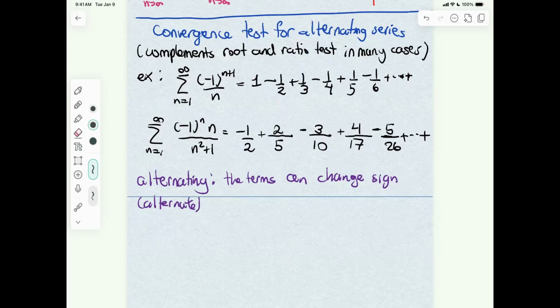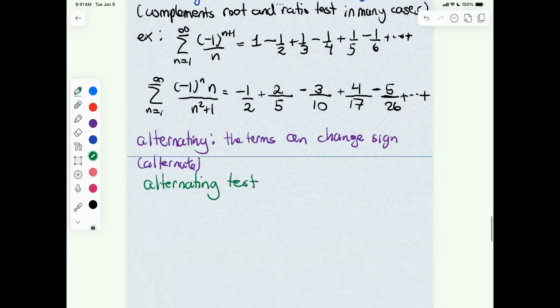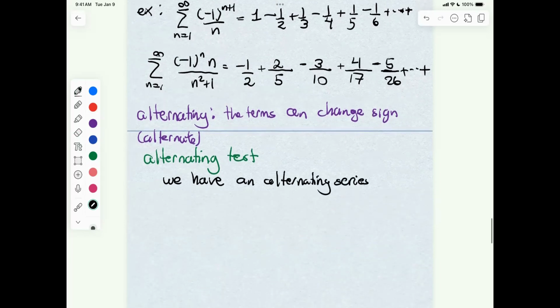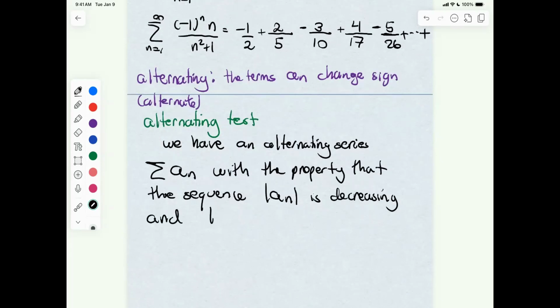The extra condition we're going to want for the alternating series test is that we have an alternating series with the property that the sequence of absolute values is decreasing and its limit is zero.